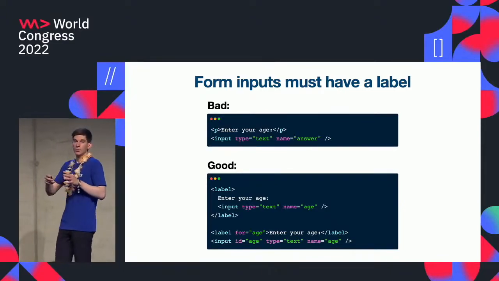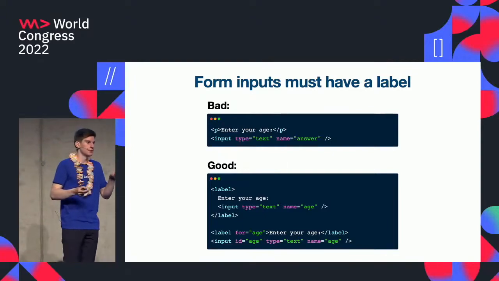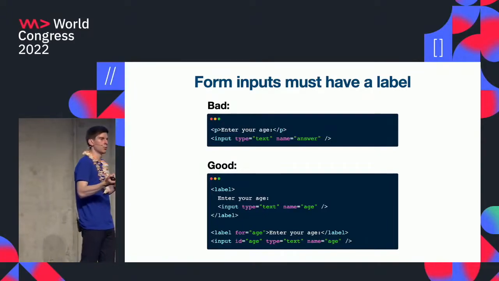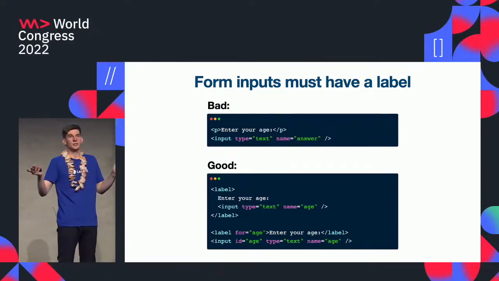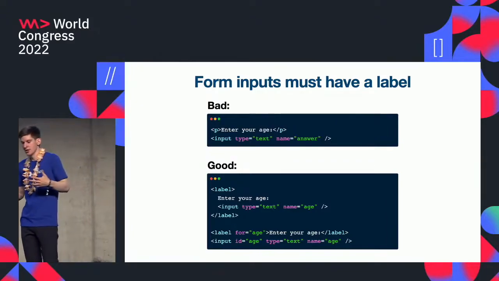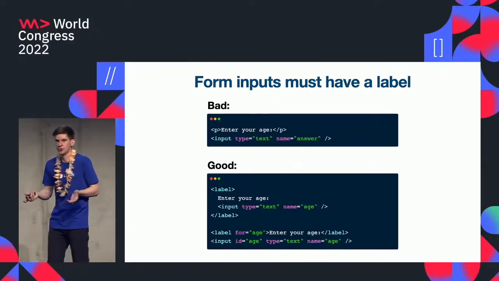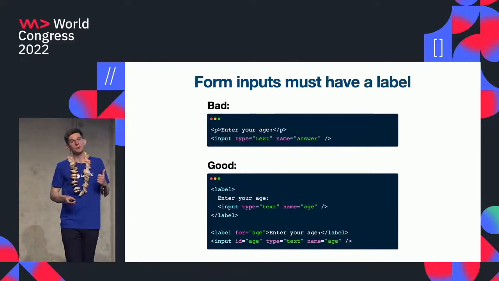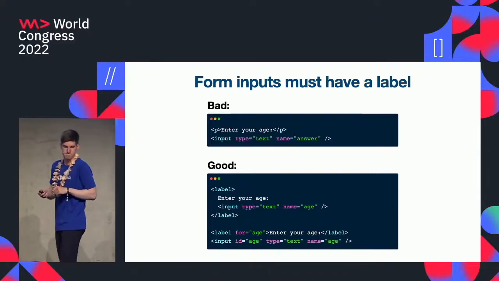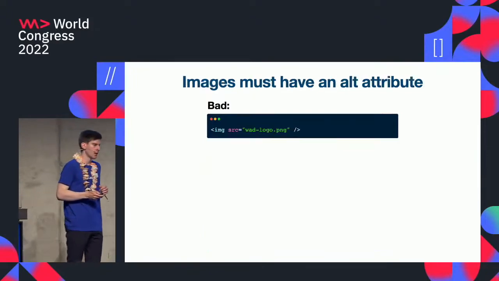And then, when screen reader users actually focus on your input, the screen reader will be able to tell them that it's not just some input, but it's an input that asks you to enter your age. This is really crucial, and simple to do.